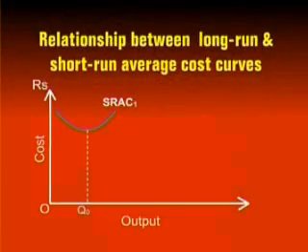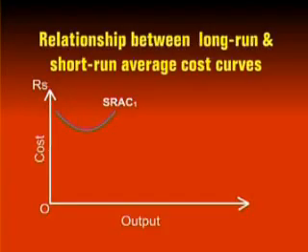Now let's take the case of a firm which has just one factory and faces a short-run average cost curve illustrated by SRAC1. Now as you can see, the SRAC1 cost curve has as its minimum point Q0, right?